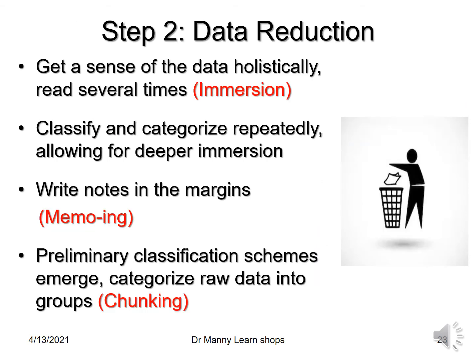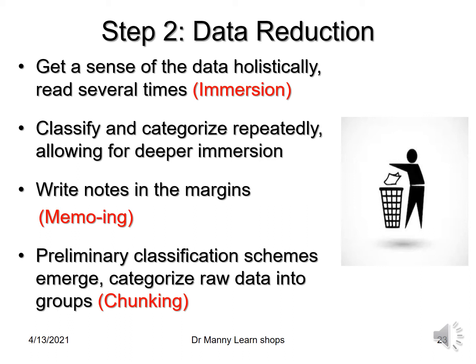Then you've got step 2, which is data reduction. This is where you as the researcher get a sense of the data holistically. You read it over and over and over again. This is called immersion, where you as the researcher and the analyst immerse yourself in the data. This is where you begin to classify and categorize, allowing for deeper immersion into your data. You're writing notes, we'll call it memoing.